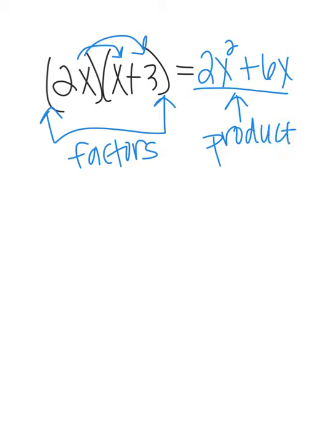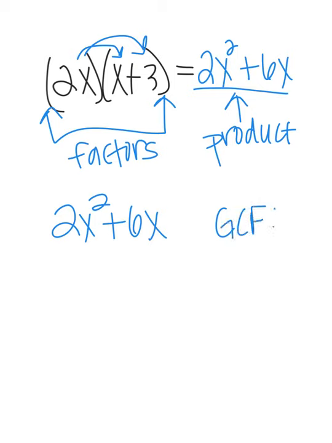Okay, last week we worked on factoring out a monomial. So if I was to factor this product of 2x squared plus 6x, we would have to find the greatest common factor, and I can tell that the greatest common factor, GCF, would be 2x.